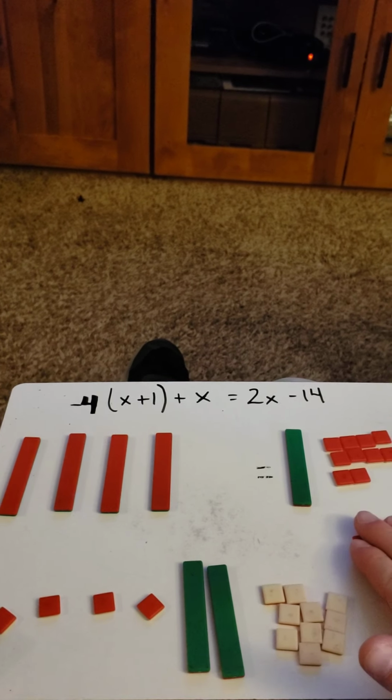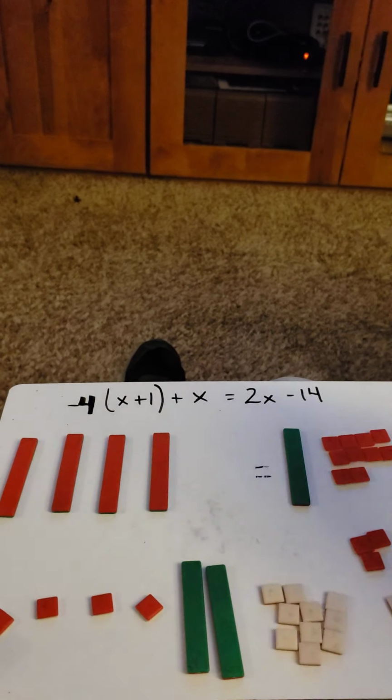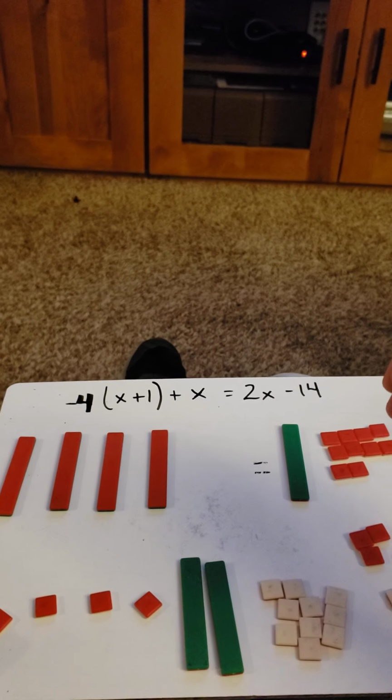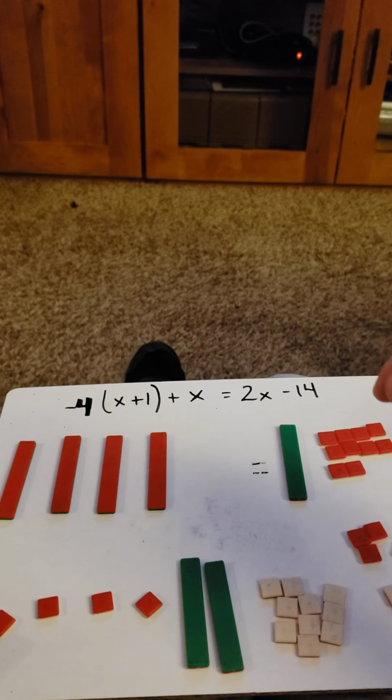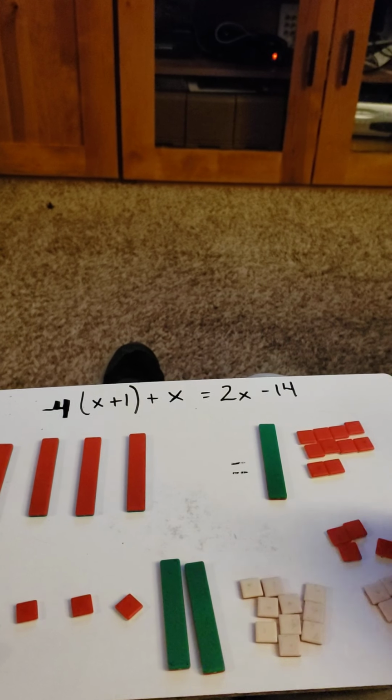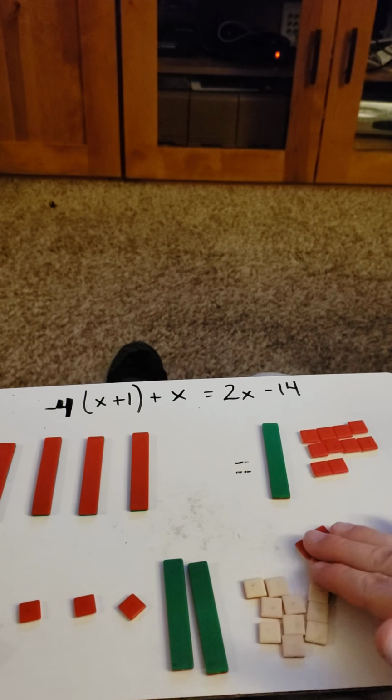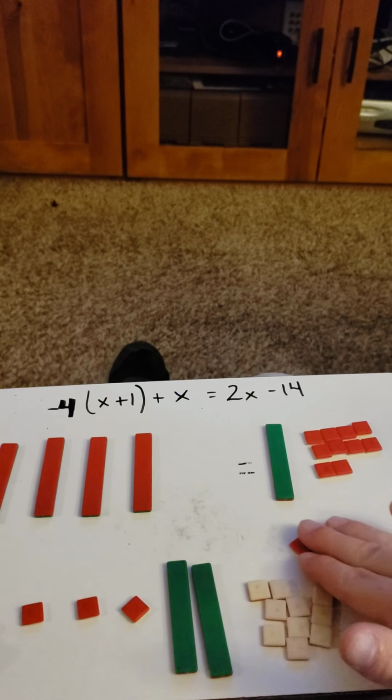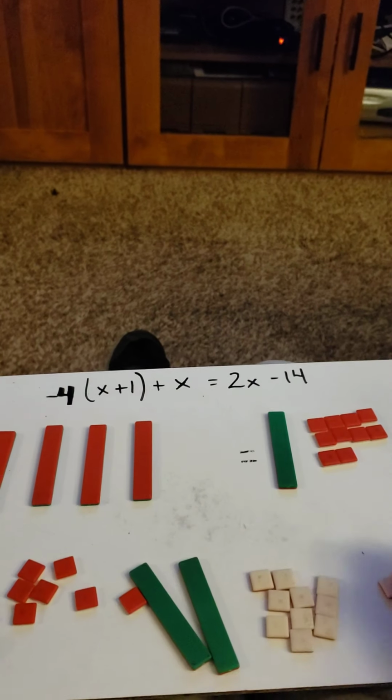Since we still want to get one of these values on one side of the equal sign, we're going to put in a 0 pair value of constants.